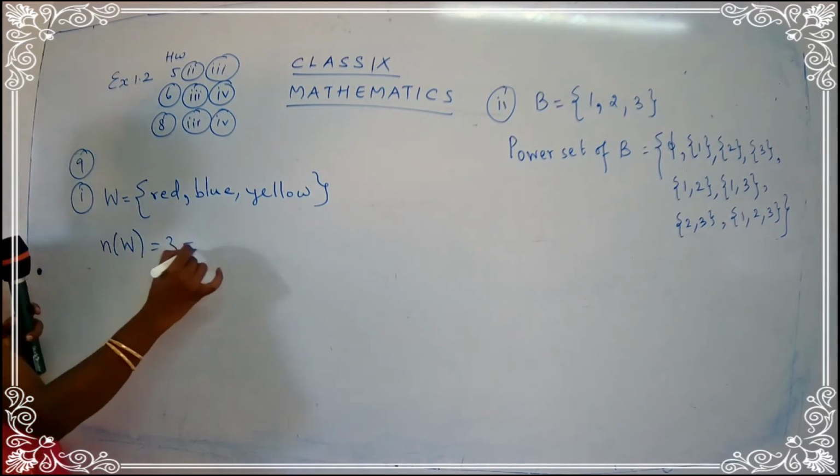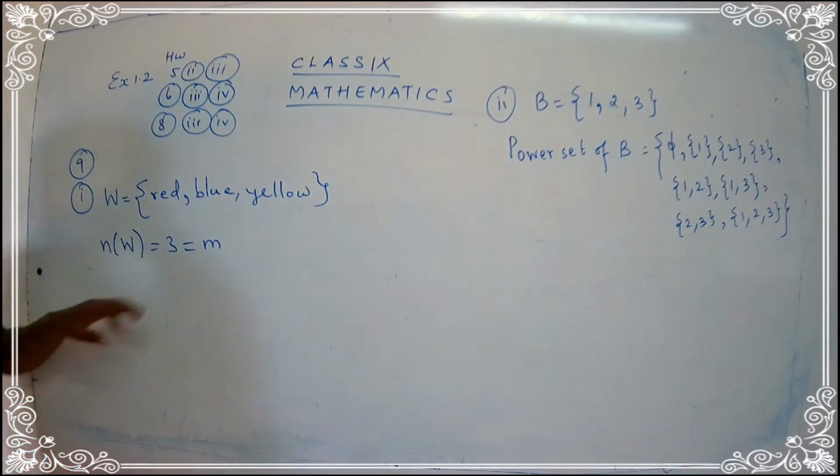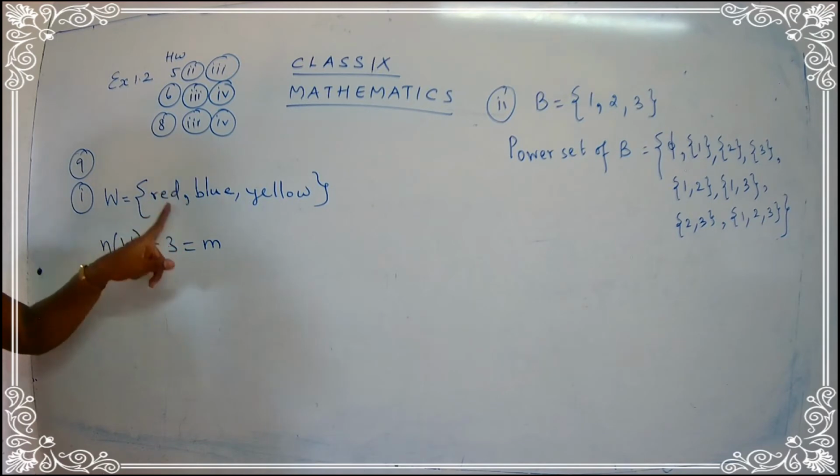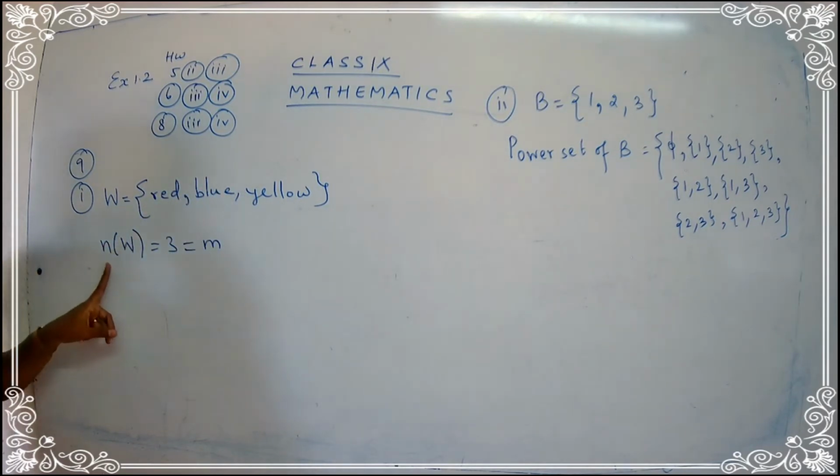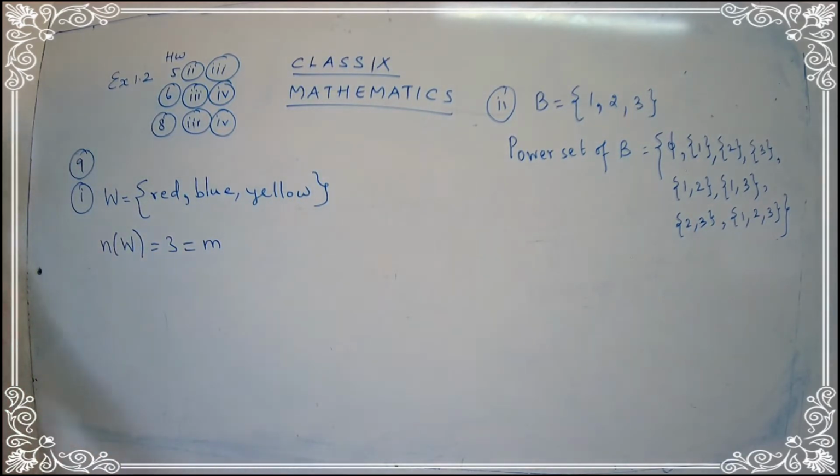We are going to write this 3 as m. Remember, m is the total number of elements. 1, 2, 3. So n of W is equal to 3, which is equal to m. Clear? Okay. Now you are going to find the number of subsets.